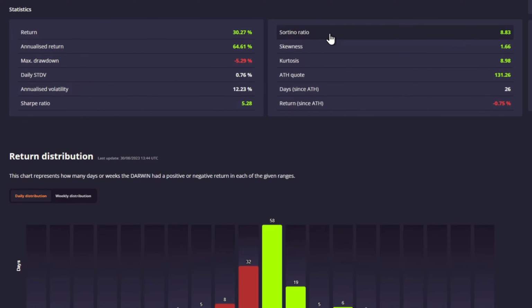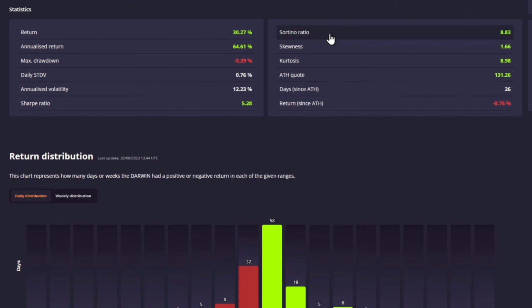And it's these industry standards that investors will also be very interested in, because it's these that will allow them to compare a potential investment in your Darwin with other external investment opportunities that also report using these same metrics.